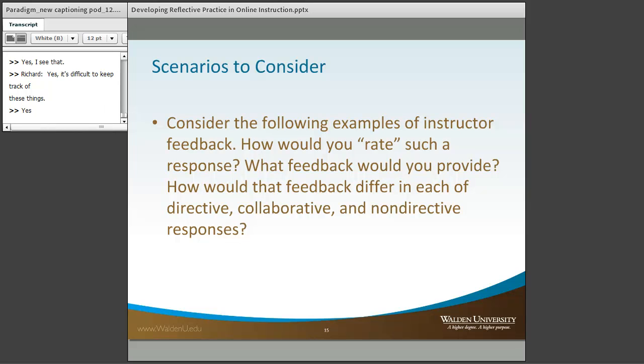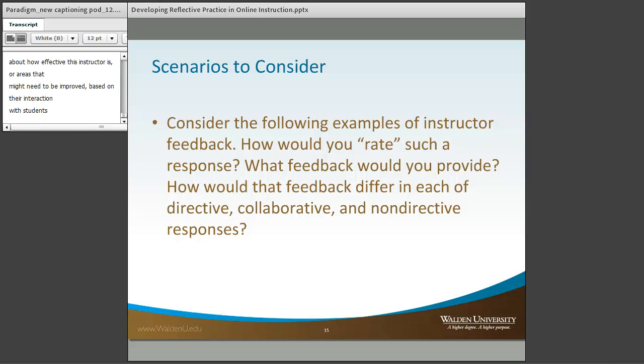Really, the lens through which we're looking at this presentation is how the instructors are doing in terms of their interactions with students, but we can make some assumptions, I think, about how effective this instructor is, or areas that might need to be improved based on their interaction with students.